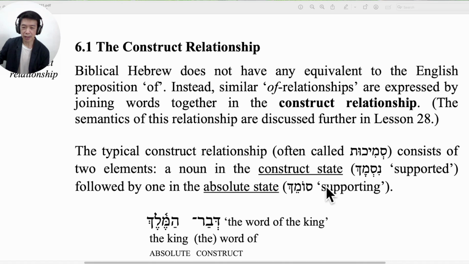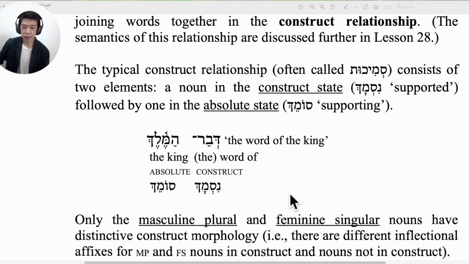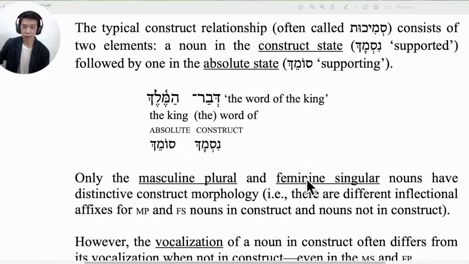The absolute state is somekh, meaning supporting. So for instance, for the phrase "the word of the king," reading from right to left, it's devar, meaning word, ha-melech, meaning the king.